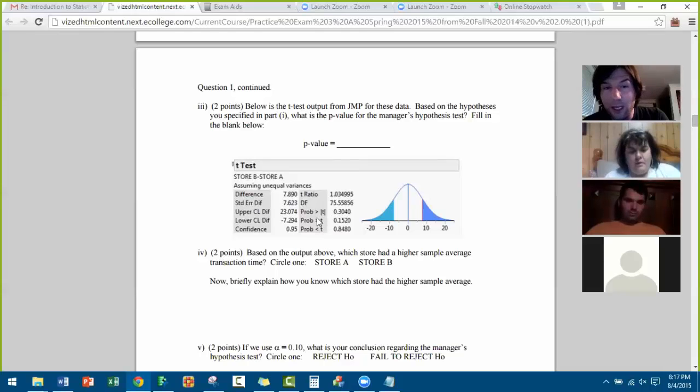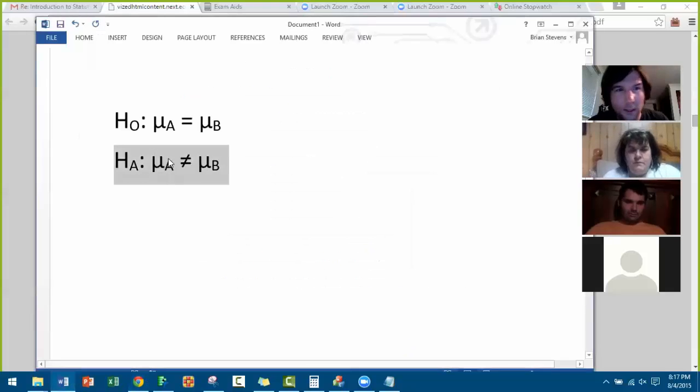If you plug in the greater than sign right here, store B greater than store A, well, if you just wrote out your alternative, let's just write it out this way. This is not our alternative, but we could write out this, and you see store A greater than store B, technically they have it flipped in the problem, so let's reverse this here. JMP puts things in reverse alphabetical order.